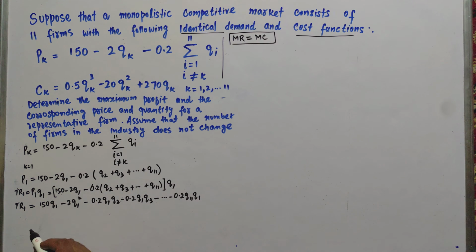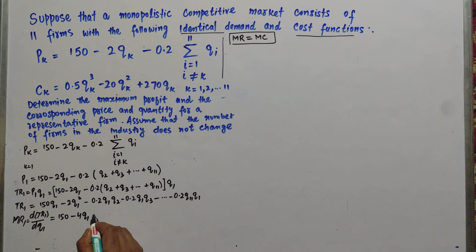So let me see what space I can use up to this now. So what will be then the marginal revenue? The marginal revenue of firm 1 will be equal to the derivative of the total revenue function with respect to Q1. The derivative of Q1 in the first term is 1, so we are left with 150 minus the derivative of Q1 squared, which is 2 Q1, so 2 into 2 is 4 Q1.